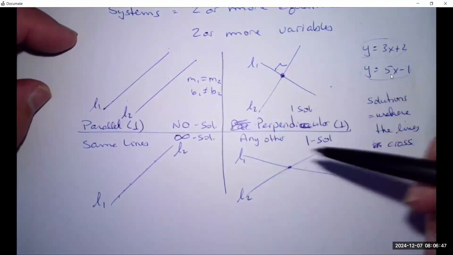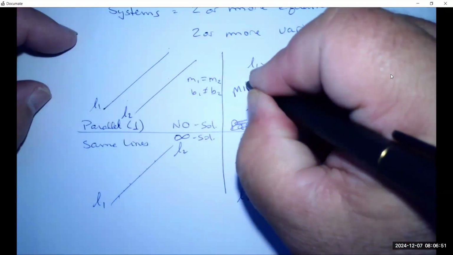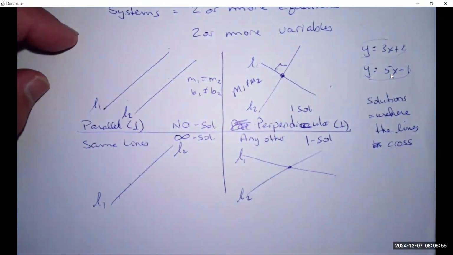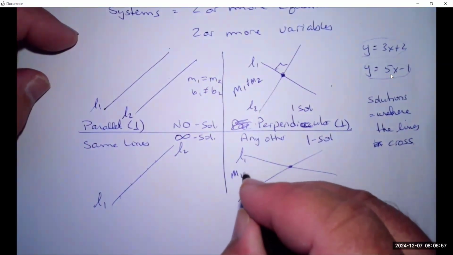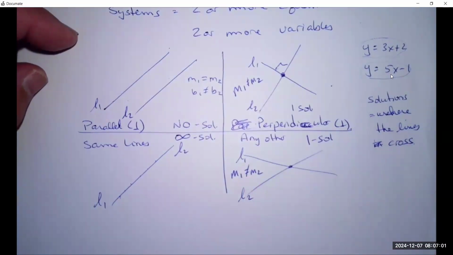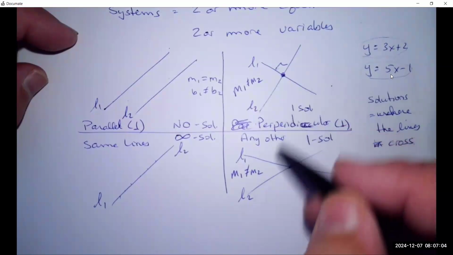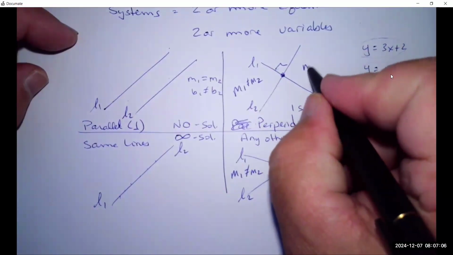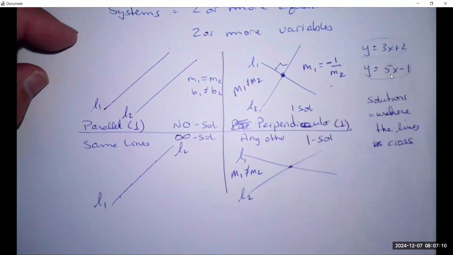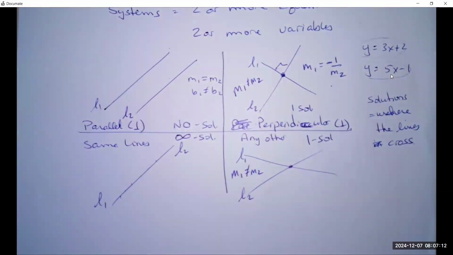The only thing that these have in common is that the slopes are not equal. But the difference between perpendicular and any other is that the slopes are negative reciprocals of each other. Review back the notes when we talk about perpendicular lines.